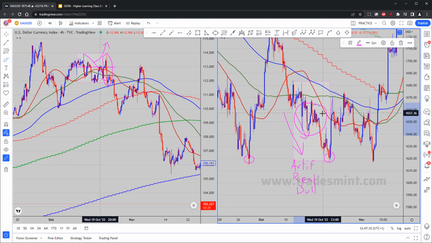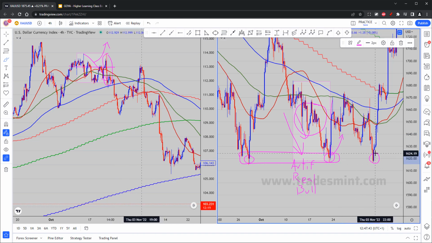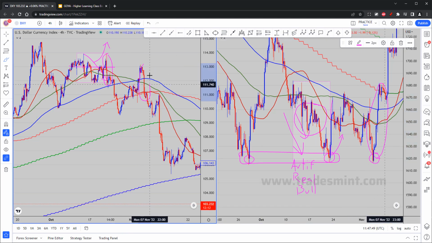So if I had spotted this type of behavior before, maybe on this support I would have found a good technical point to enter into the long here. Or maybe on the third point here, which is basically when we get this reaction and this big sell-off on the DXY as well. So the whole goal of the DXY, like I said again and again, just so it's clear for everyone, is to show the intention of the market.